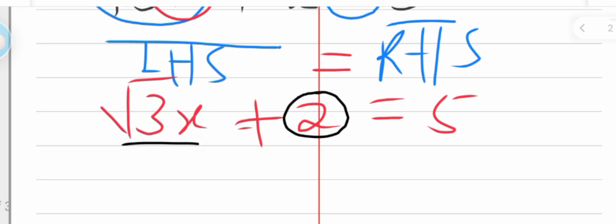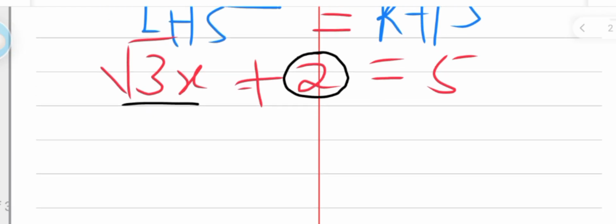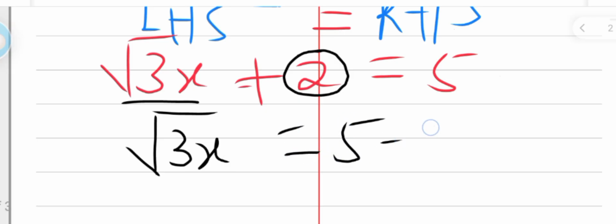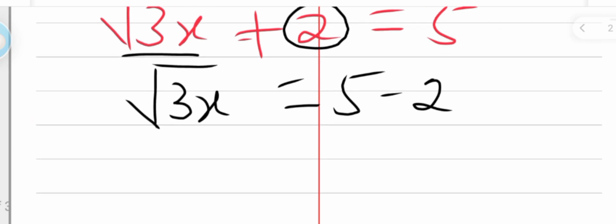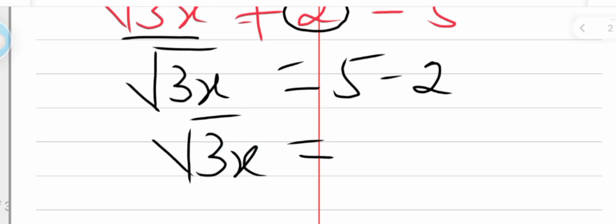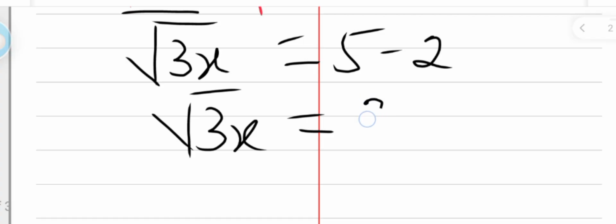So it's better we group like terms by moving the 2 to the right hand side. In doing that, our root 3x will be maintained on the left hand side and the 2 moves to the right hand side, becoming negative. So in that case, we continue with root 3x being equal to 5 minus 2, leaving us with what? 3.